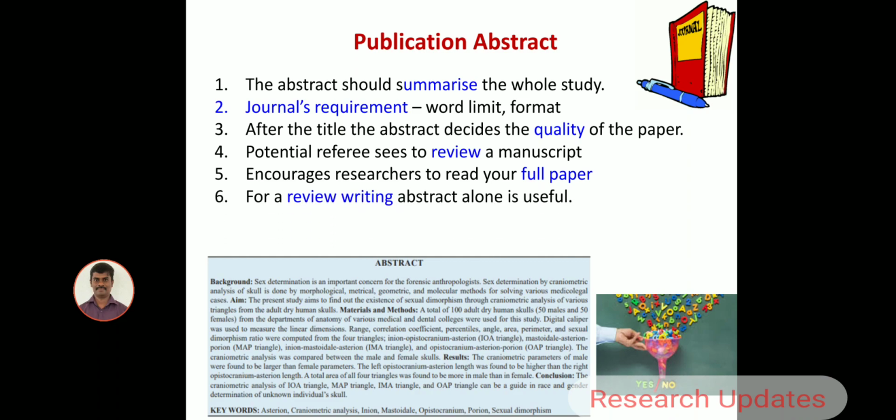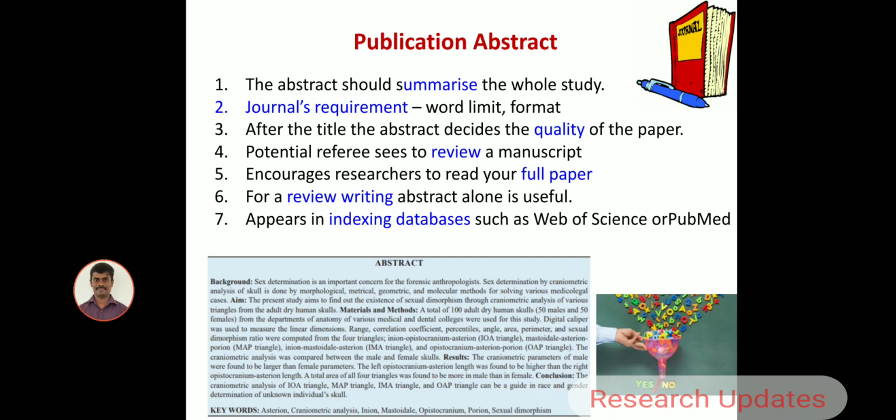For a review writing, the abstract alone is useful. If you are writing a review article, you can take only the abstracts of other publications, and from that abstract itself you should be able to write a review. So you have to write an abstract in such a way that the abstract alone will be enough to give you the entire gist or the idea about a research or a paper.